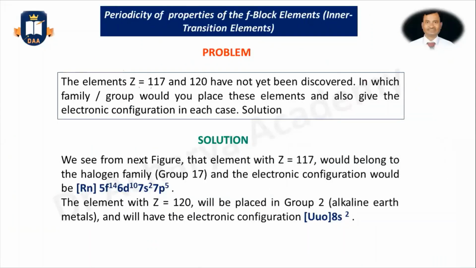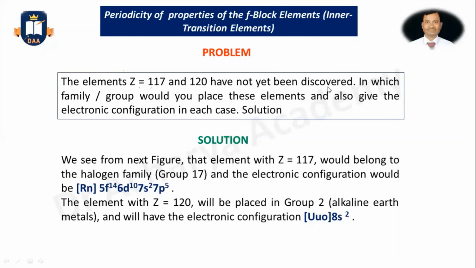So now we'll discuss one small problem. In an exam, a problem may come with elements having atomic number Z equal to 117 and 120. These are not discovered till now.